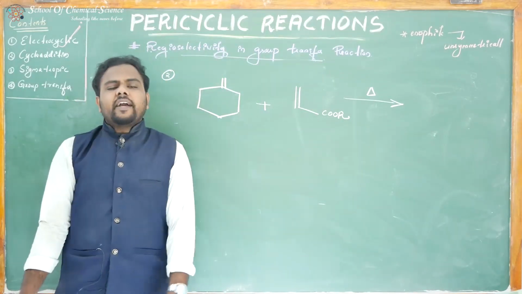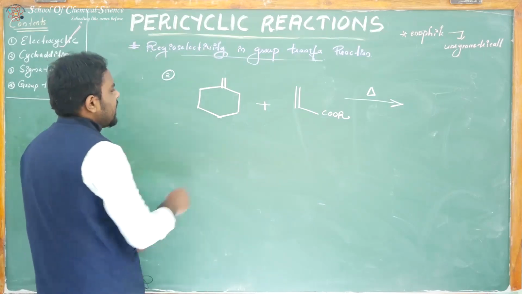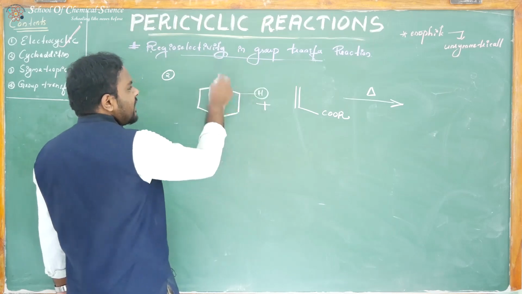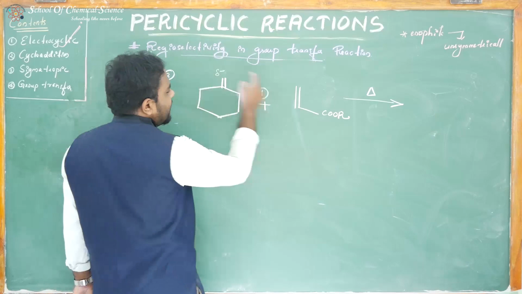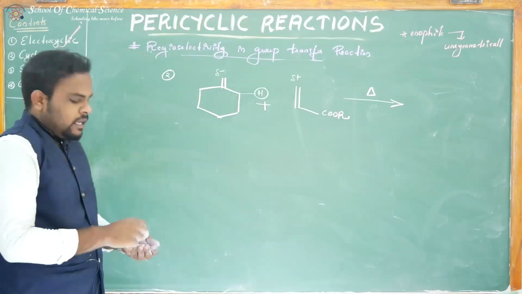Here your enophile is unsymmetrical, so definitely regioselectivity is there. Here an allylic carbon is there. This is the allylic hydrogen. Due to this hydrogen, electron density is concentrated at the third carbon, and that will interact with the positively charged carbon. So this will be the regioselectivity.